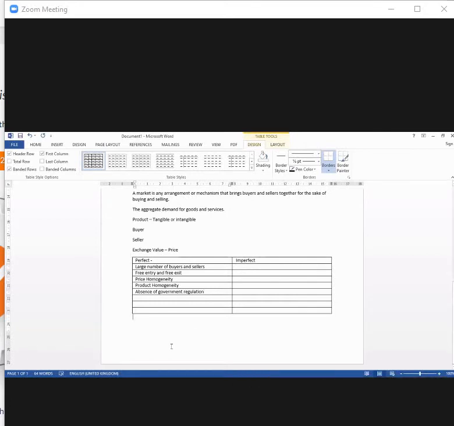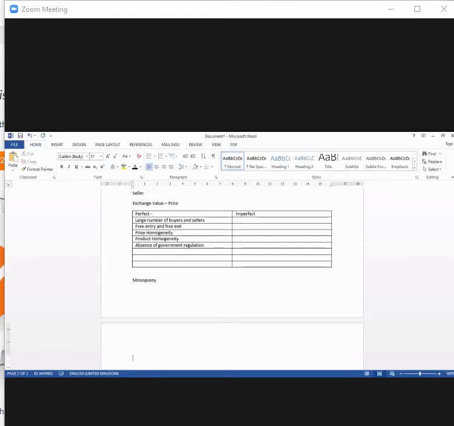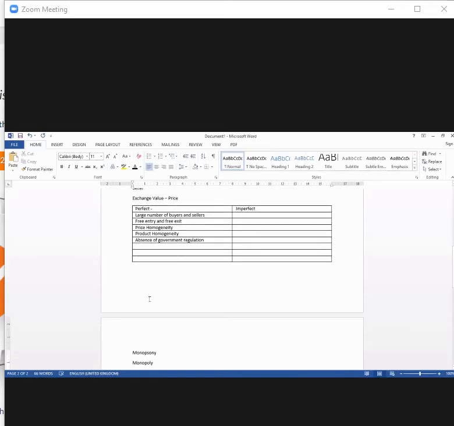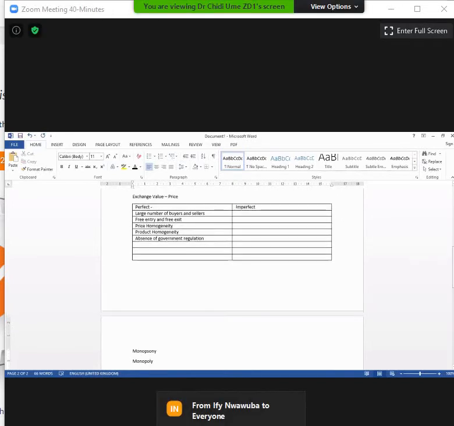There's a buyer's monopoly. How many of you have heard of a market that is called a monopsony? Not monopoly. There's monopoly and there's monopsony. So when it's a buyer's monopoly, it is called what?